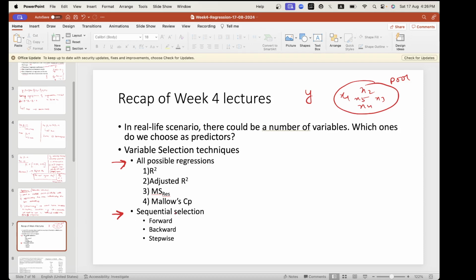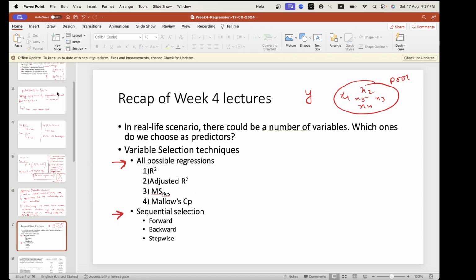Sequential selection will be described and questions related to it addressed in the next class. Today I'm going to focus on variable selection techniques when we have a wide array of regressions, and we are going to use metrics like R square, adjusted R square, MS residuals and Mallow's Cp criterion. Using these four, we'll ultimately decide which one is giving us a better prediction.